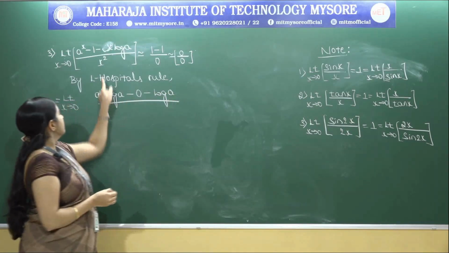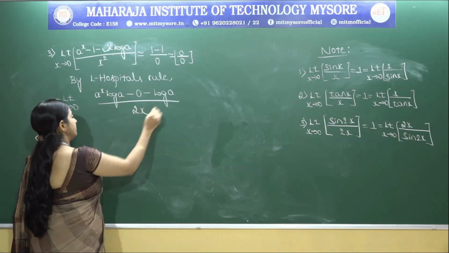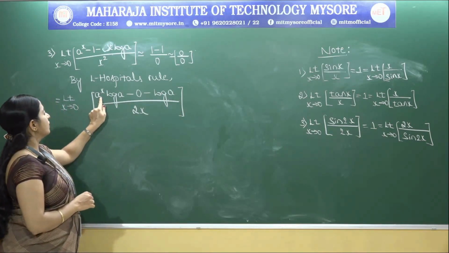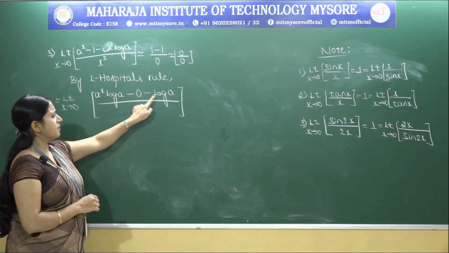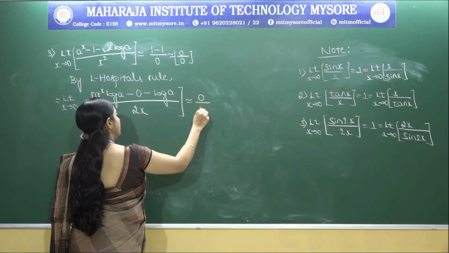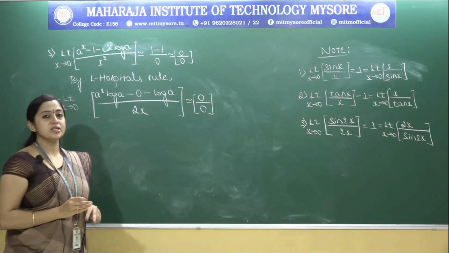Denominator, since you have the x square, the differentiation of x square is 2x. So as x tends to 0, a power 0 is 1, log a minus log a, again you will get the numerator is 0, denominator is 0. Again it tends to 0 by 0 form.